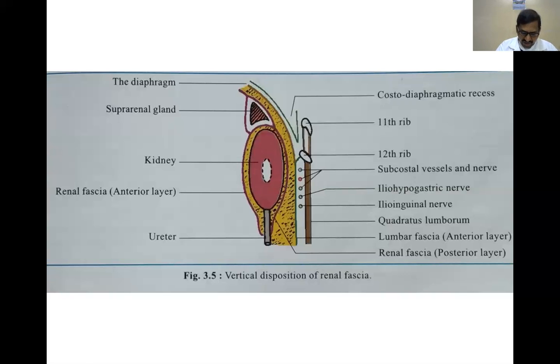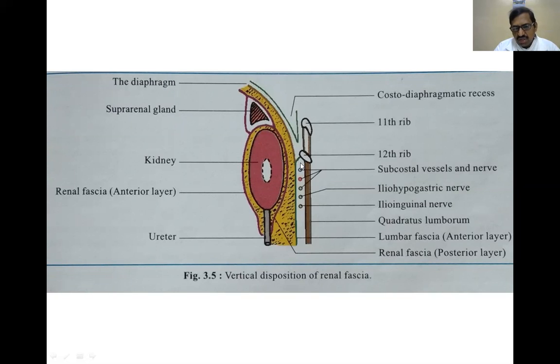And paranephric fat. Next, these structures: subcostal vessels and nerve, and below that the iliohypogastric and ilioinguinal nerves, and muscles and fascia. These are all the posterior relations of the kidney.